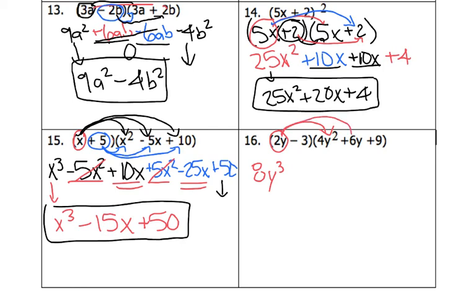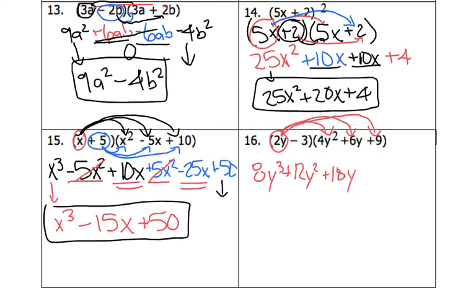Then 2y times 6y. 2 times 6, 12. I have a y here with the 2 and a y with the 6, so that's 2y, so that's y squared. And then finally, 2y times 9. 2 times 9, positive 18. And then there's just 1y.